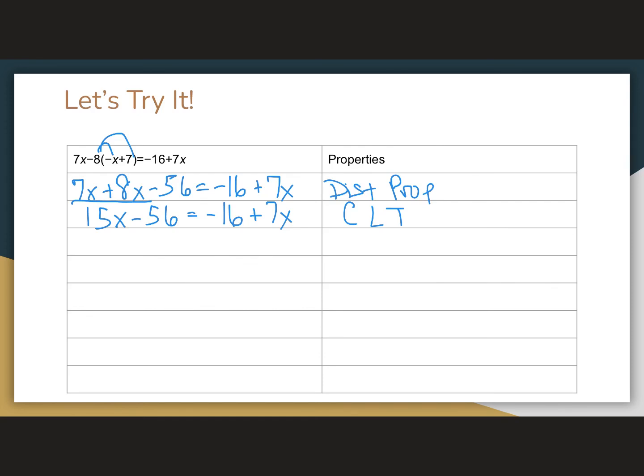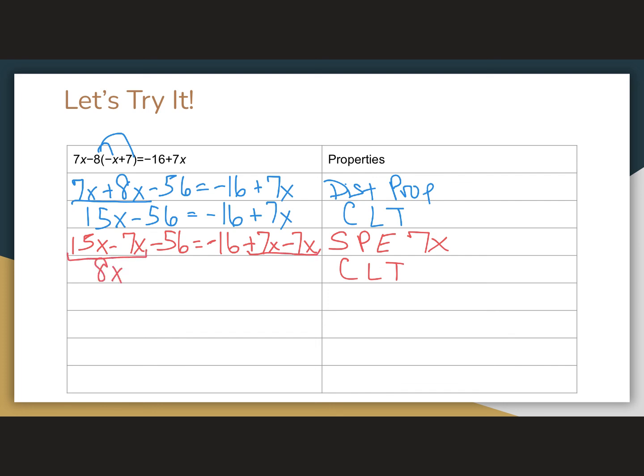So I'm going to subtract 7x from each side. So I have 15x minus 7x minus 56 equals negative 16 plus 7x minus 7x. When I combine my like terms, these are going to go away. These will combine. I get 8x minus 56 equals negative 16.